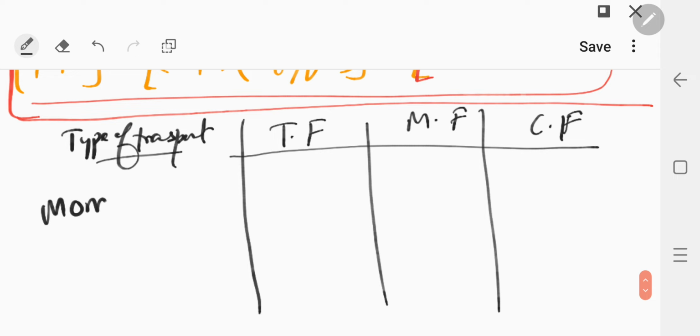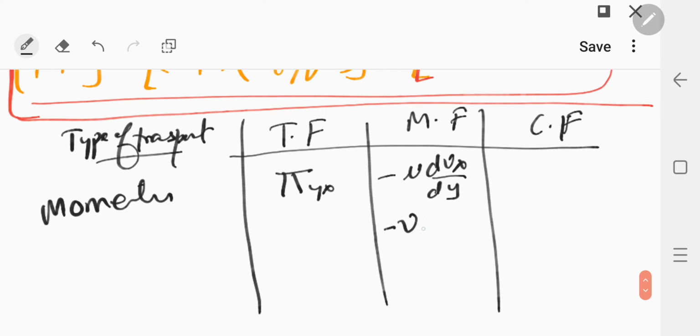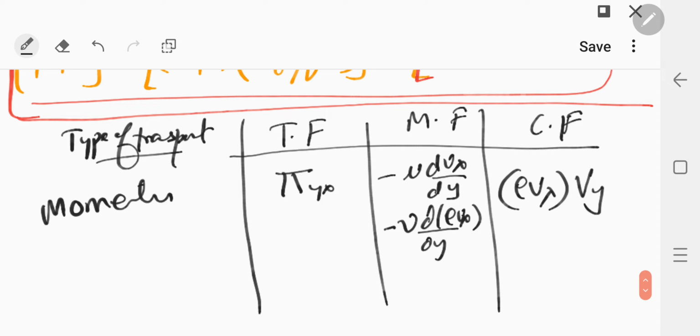If it is momentum, the total flux is represented by pi y x, which you have normally encountered in your Bird book. Molecular flux is minus mu dvx by dy, or minus kinematic viscosity times d by dy of rho vx. Whereas the convective flux will be rho vx into vy, that is, the velocity in the direction we are dealing with.